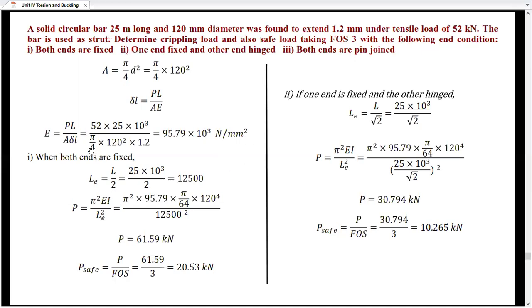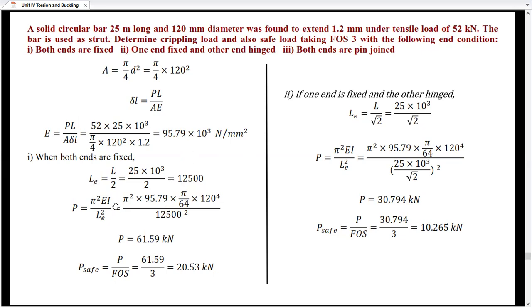Now we will apply that conditions. First is both the ends are fixed. So we have equivalent length is equal to half of actual length. Okay. So we put L is equal to L by 2, then you will get equivalent length 12500. Okay. So we can apply the equation of crippling load, pi square EI upon L square. We have elasticity value 95.79 into 10 raised to 3.